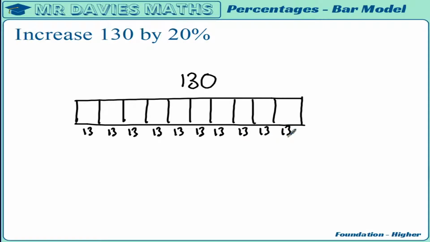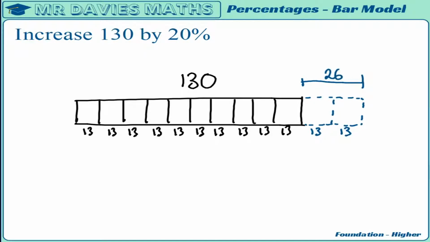Now I'm being asked to increase it by 20% this time, so I'm going to increase by adding on an extra 2 boxes, 10% and 20%. In here is also 13, in here is also 13. How much am I adding on to this value? Well, 2 13s are 26.